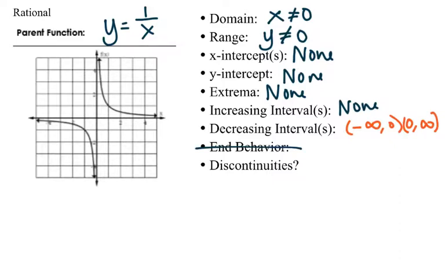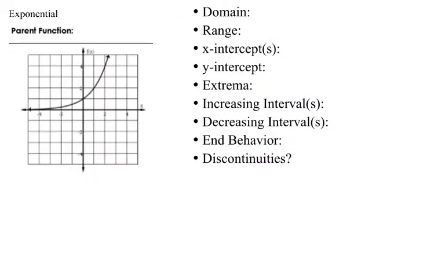And this time you do have a discontinuity, because notice you can't hit 0. So I would say discontinuity at x equals 0. The reason x cannot be 0 is if you look in the original function, remember back from elementary school, 0 can never be on the bottom of a fraction, so that's why x can never be 0. And because x can never be 0, y could also never be 0. Okay.